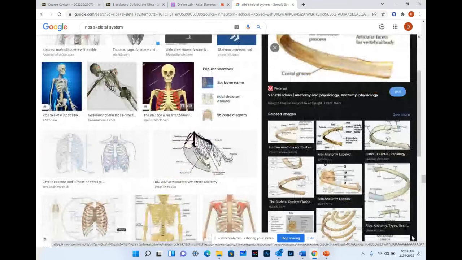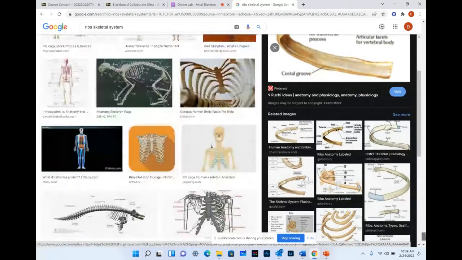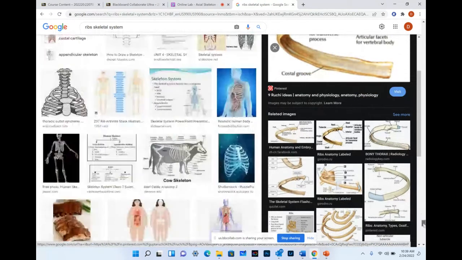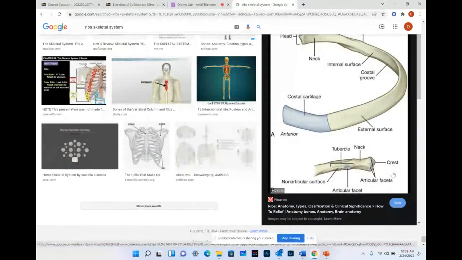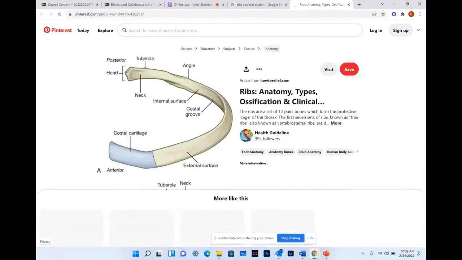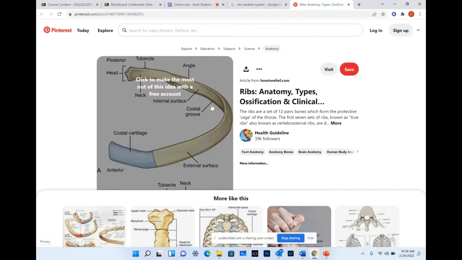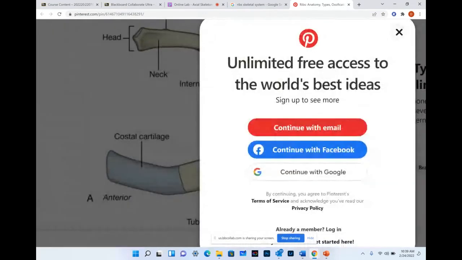Okay, so we are going to keep scrolling down till I find a nice little one. Okay, so let's just stick with this one. And I think this is a good one. Okay, so looking at this, and I'm going to expand it a little bit.